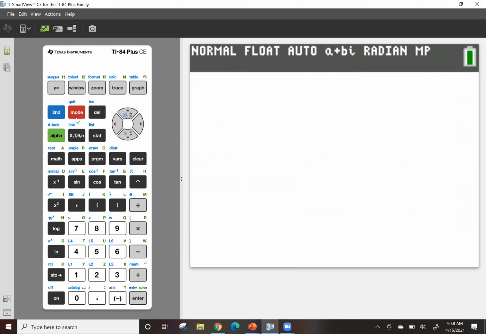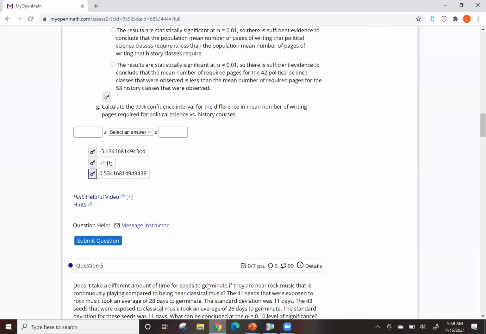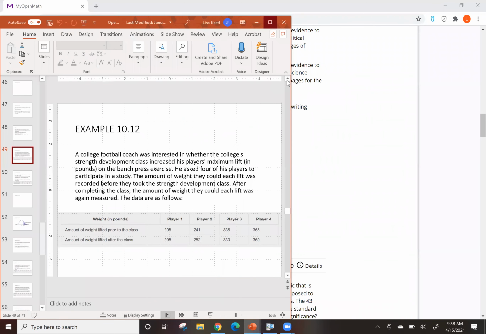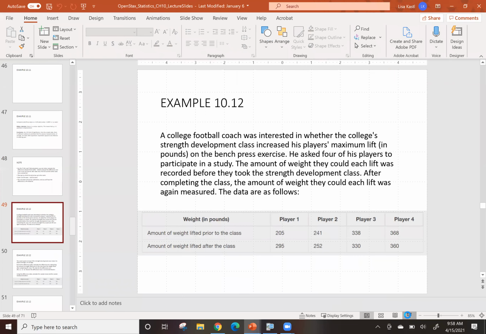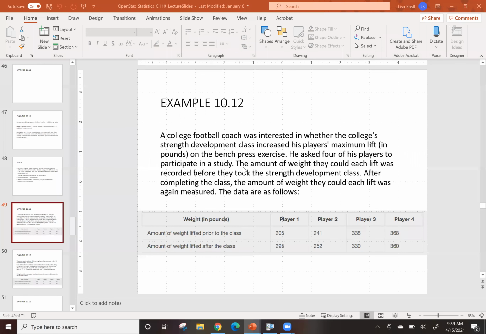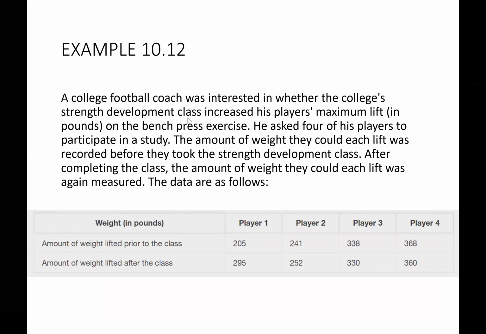And let's go back and let's talk about what hypothesis we want to write. Okay, what are we trying to show? We're trying to show that this class made a difference, right? The coach is interested in whether the college strength development class increased his players' maximum lift in pounds.